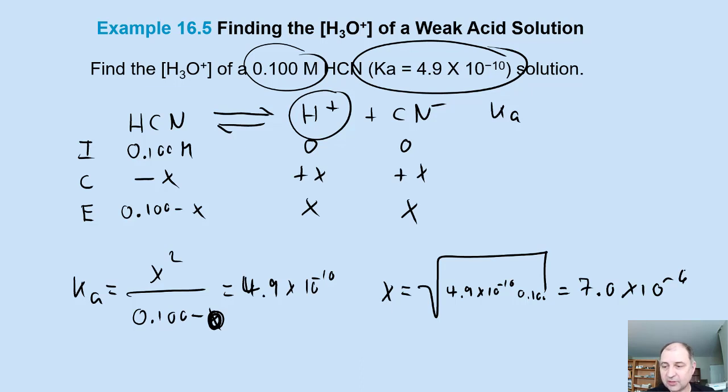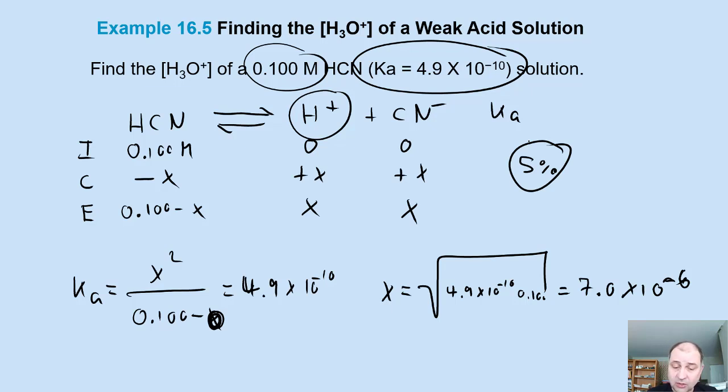You can see already this is 10 to the minus 6 and this is 10 to the minus 2, so it's going to be negligible. But what we say is that if the percent ionization is less than 5%, then we can justify that. So you should test that.